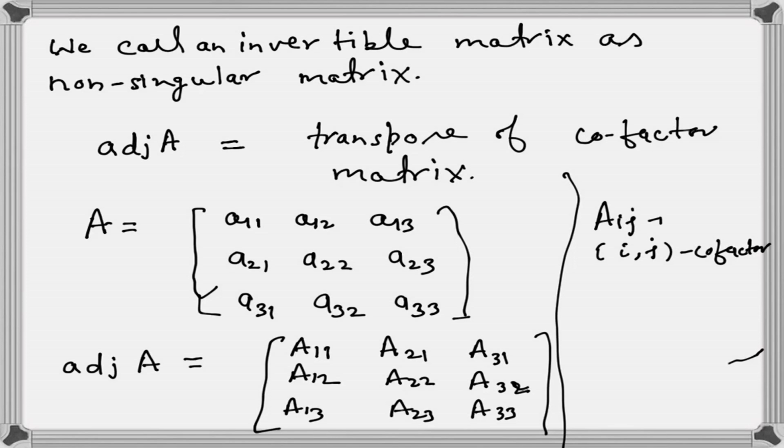So adjoint A is nothing but the cofactor matrix, and you just take its transpose.